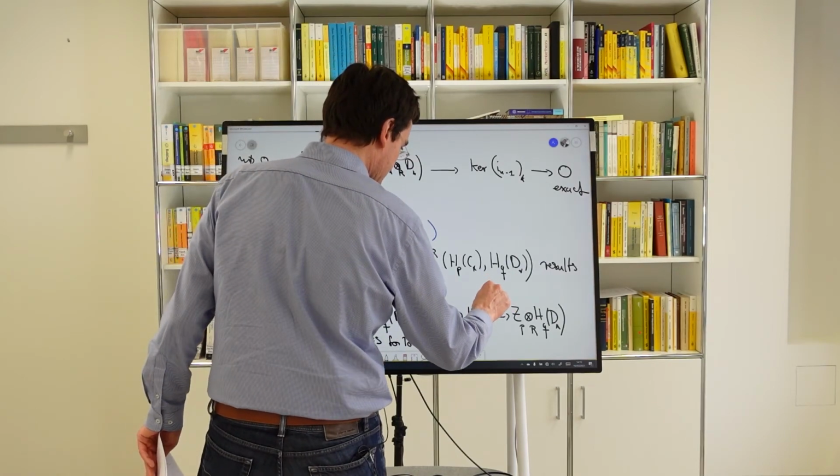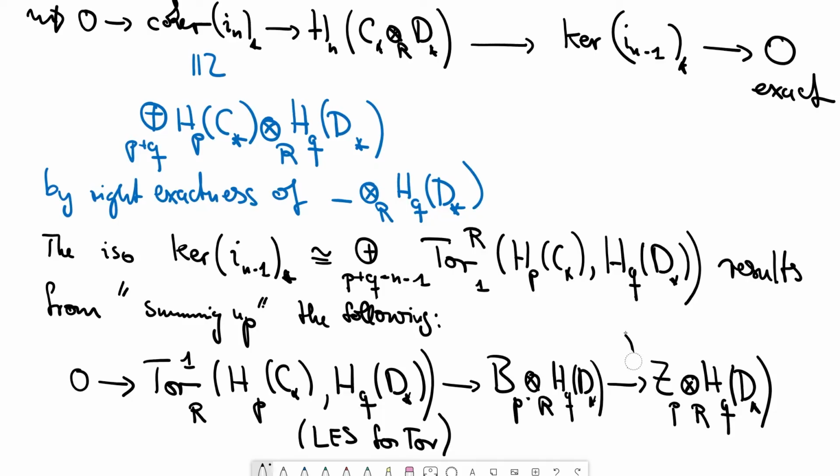I should not write it like that. Nevertheless, you see that if you sum up all those kernels, then you get the sum over the Tor terms equal to the sum over these kernels, and this is exactly the kernel of IN minus star. And that concludes then, if you plug this in here, the proof of the Künneth theorem for tensor products.